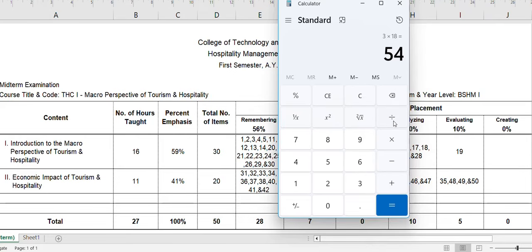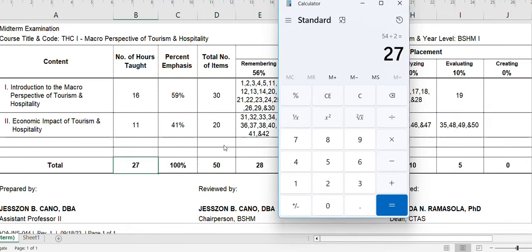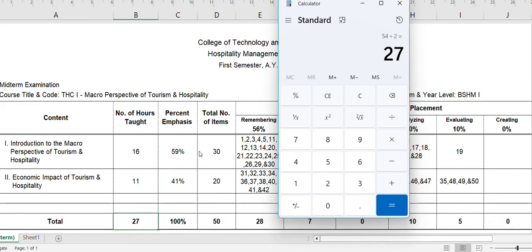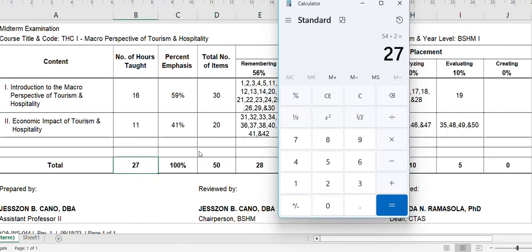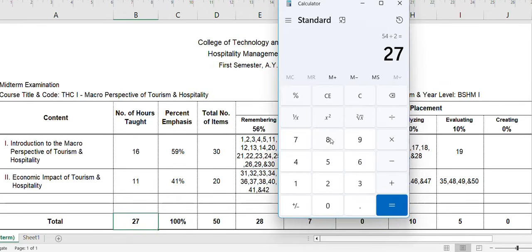We will divide it into two since we have a midterm, the first half, and another half for the final term. So we have 27 hours for midterm and another 27 hours for final term. So it is applicable for the lecture only, subjects that have this lecture. If you have laboratory, you need also to divide, for example, 5 hours per week, 5 times 18 weeks.